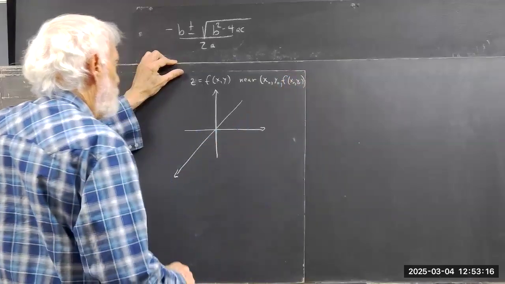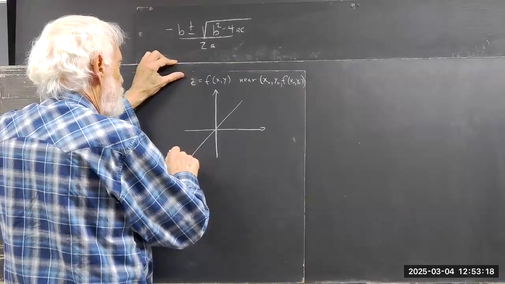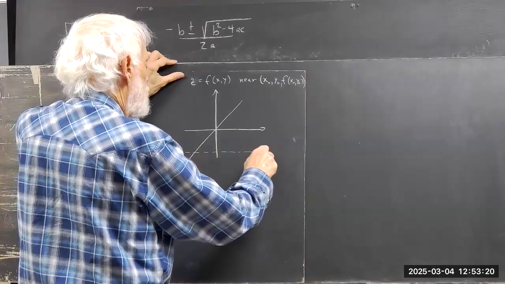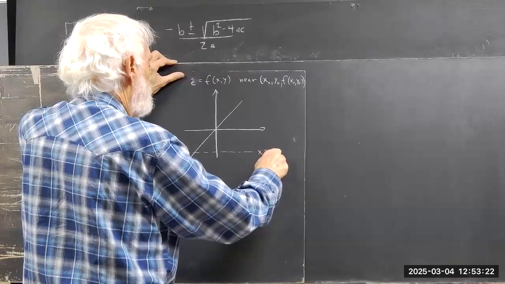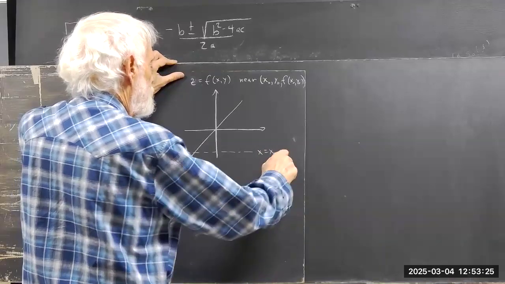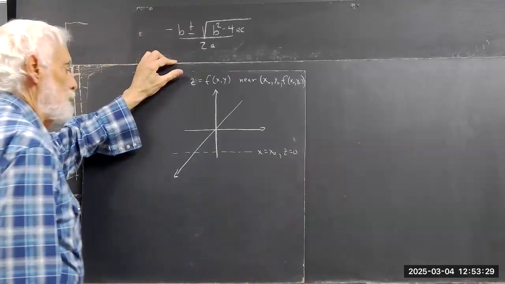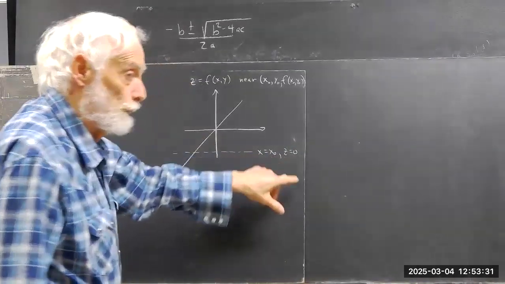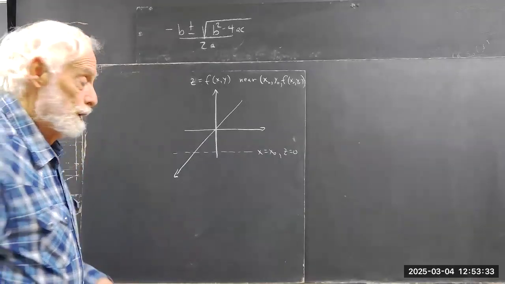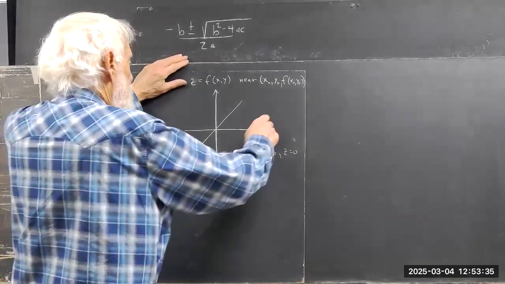And what I mean by that is, at x equals x naught, y equals y naught, z equals 0, because you have to specify two parameters for a line.